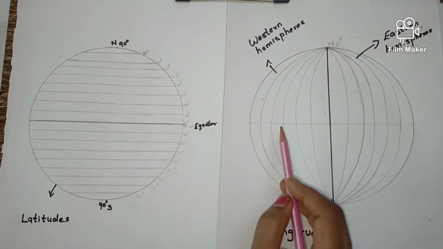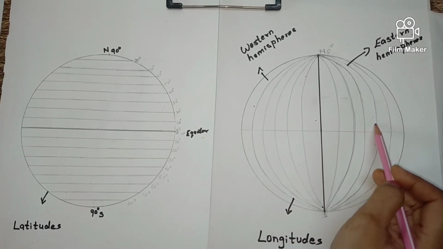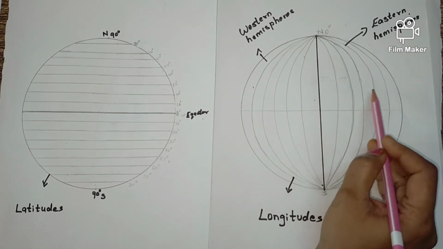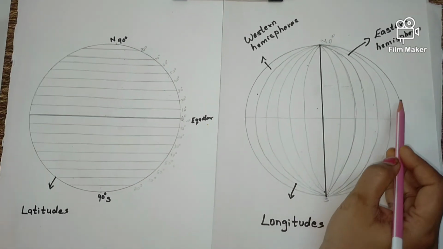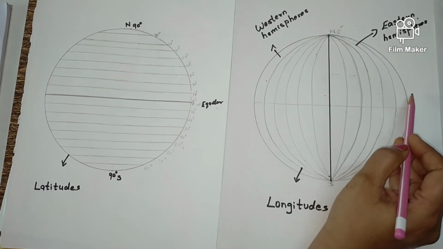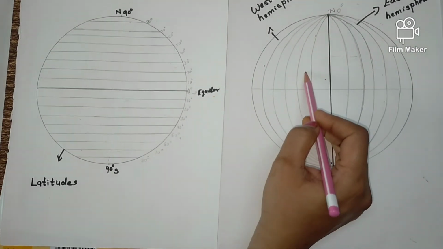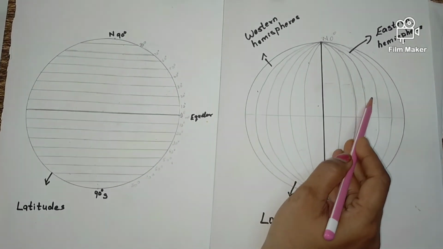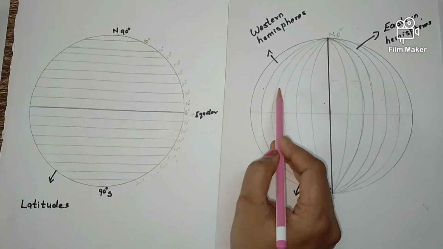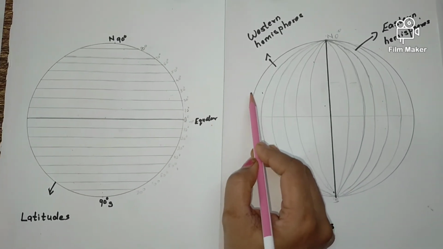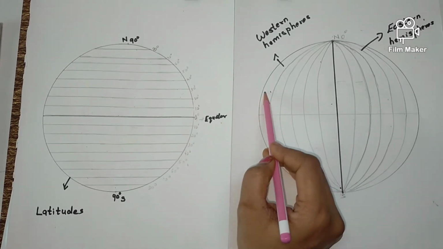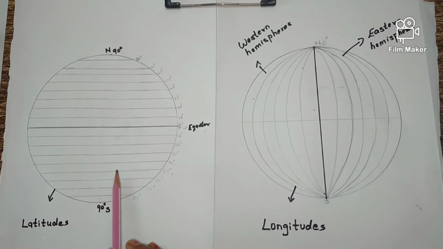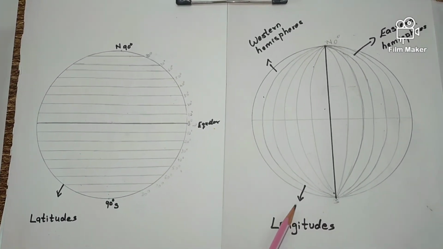So from 1 degree east to 179 degree east, we have 179 meridians in the eastern hemisphere, and 1 degree to 179 degree west, thus 179 meridians are in the western hemisphere. Did you understand this, children?